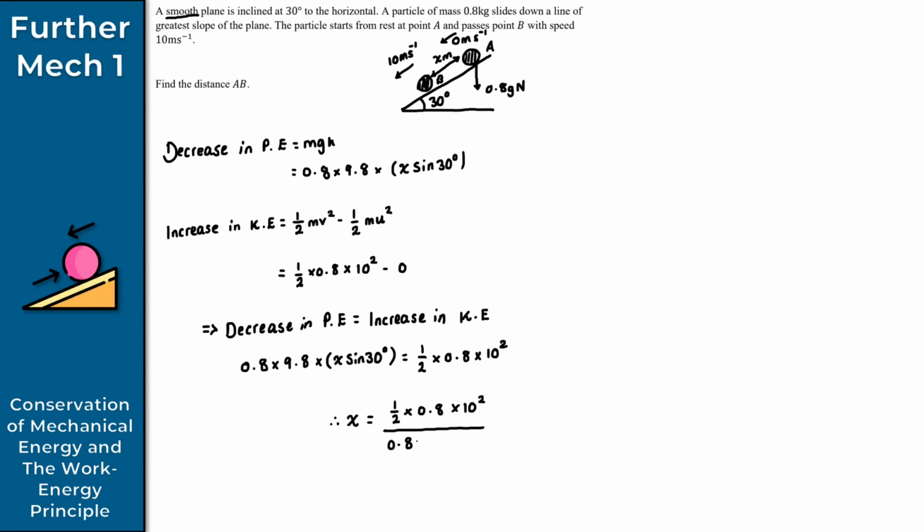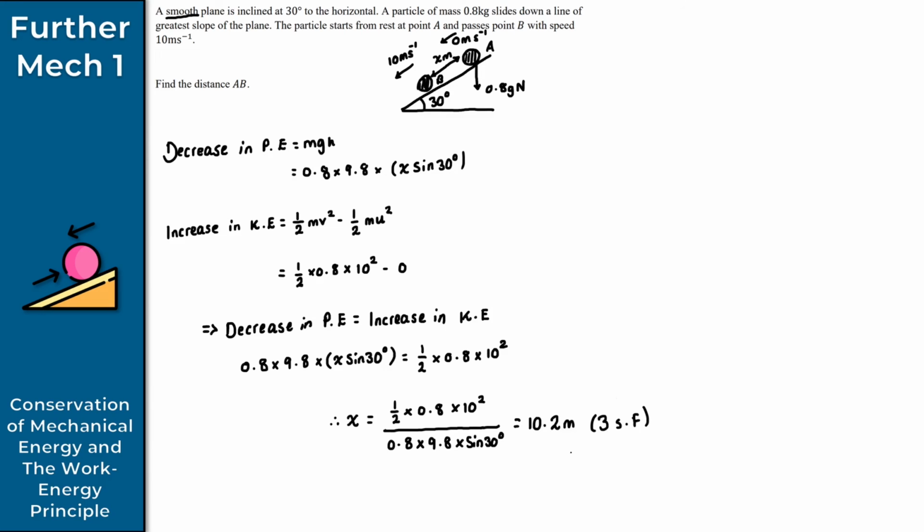Okay. And at this point, what you now need to do is just put all of this into your calculator. And if you do this correctly, what you should find is we get 10.2 meters. Okay. And this is to 3 SF.